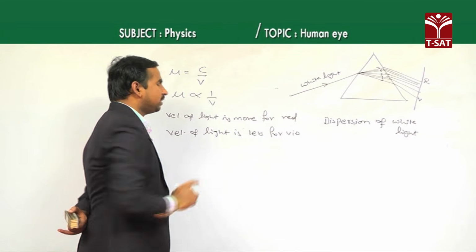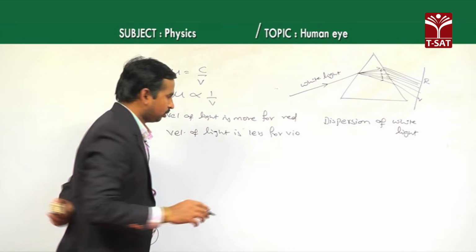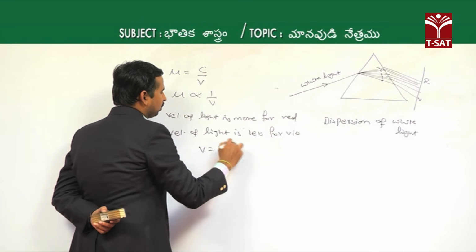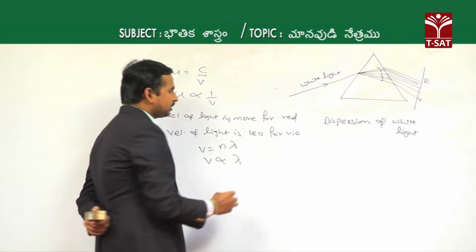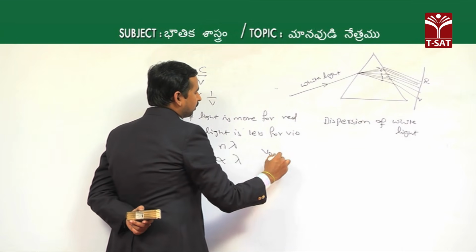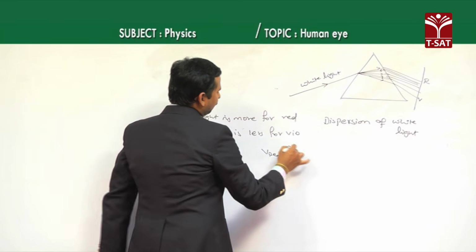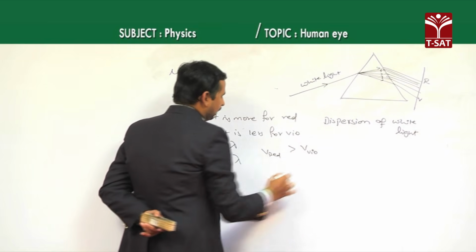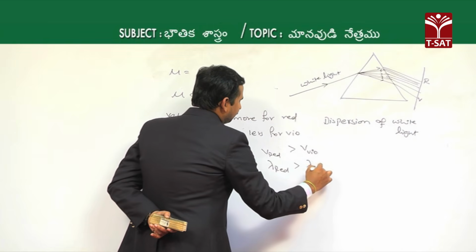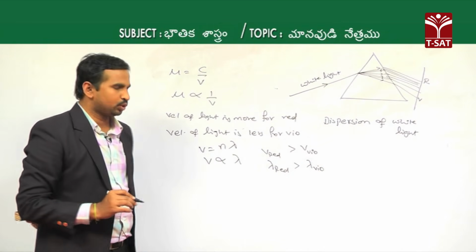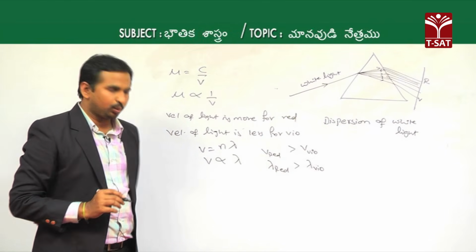As the red color light has more velocity, it has more wavelength also, because we know that v is equal to n lambda, so v is directly proportional to lambda, which means the velocity of red color is more than violet. Then its wavelength is also more for red color. But velocity and refractive index are inversely proportional to each other.